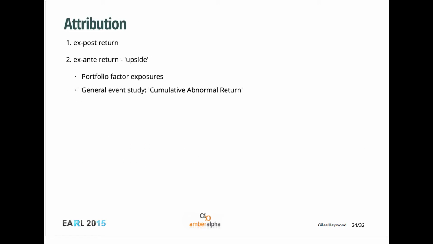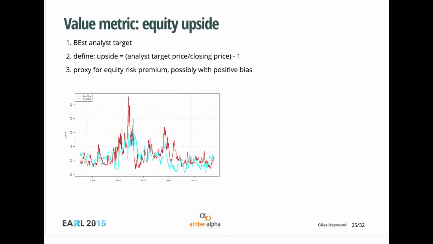I'm going to talk very briefly about attribution, so we can attribute through the risk model ex post return or ex ante return. And for ex ante return, there are many ways of thinking about what to expect a stock to return. But one thing you might do is go to the analysts with the best return forecast track record, and Bloomberg do this, and they've been doing this for 10 years now, and they've got a system called BEST, which is really a clone of StarMine.